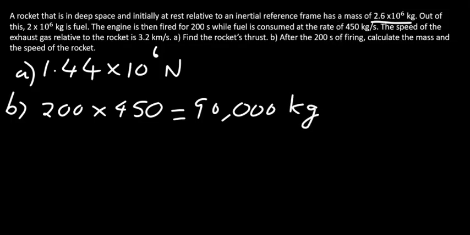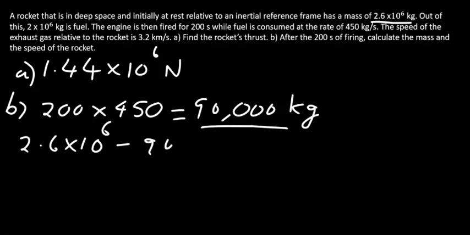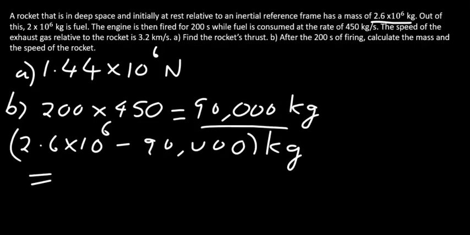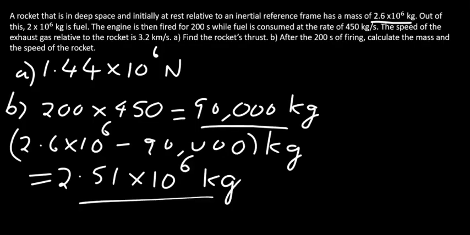We note initially the mass of the rocket together with the fuel is 2.6 times 10 to the power 6 kg. So now the mass after that much fuel has been burned is quite simply 2.6 times 10 to the power 6 minus 90,000 in the unit of kg, which is 2.51 times 10 to the power 6 kilograms. And that's the answer for the mass of the rocket after 200 seconds.